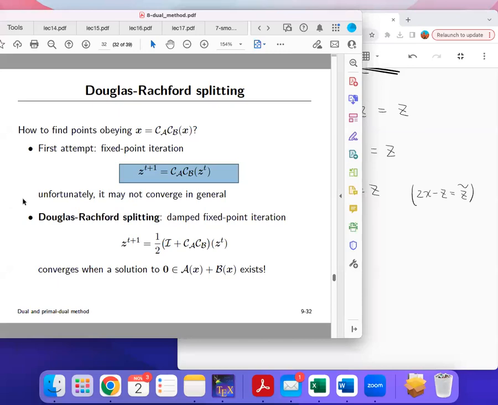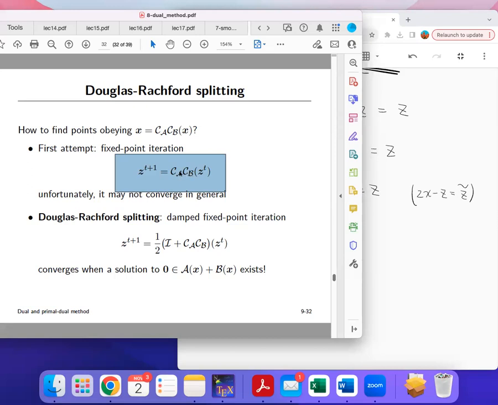Well, it's basically a damped version of this fixed point equation. So instead of directly applying the fixed point equation, we take 1/2 identity plus 1/2 this operator. This is a damped version because, first of all, you can imagine this fixed point equation may not converge because this operator may not be that stable, right?